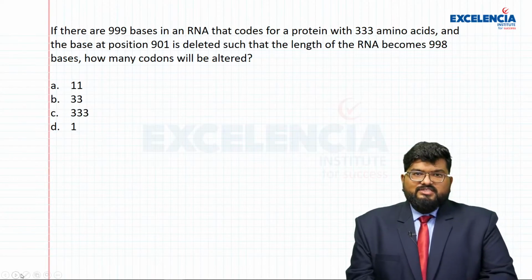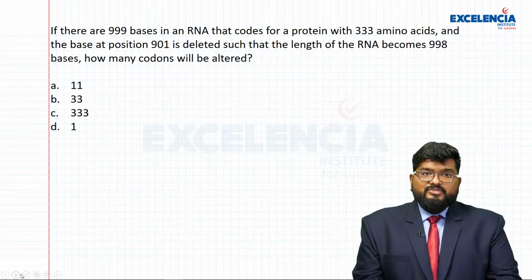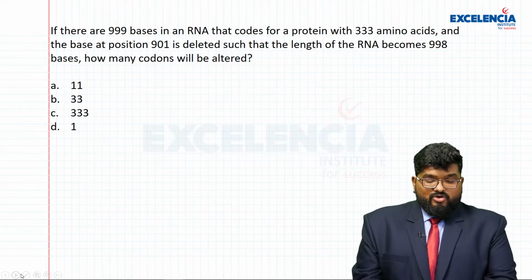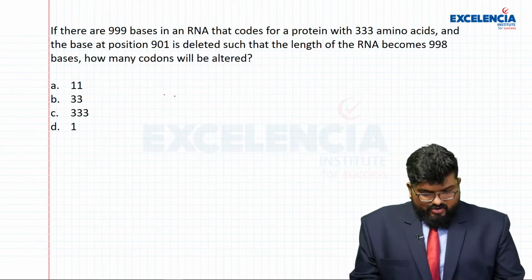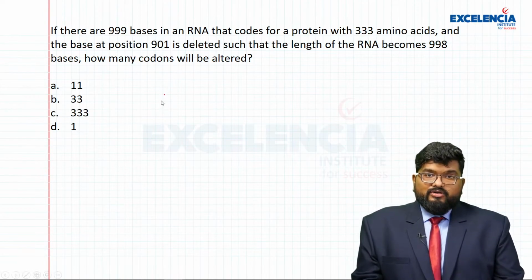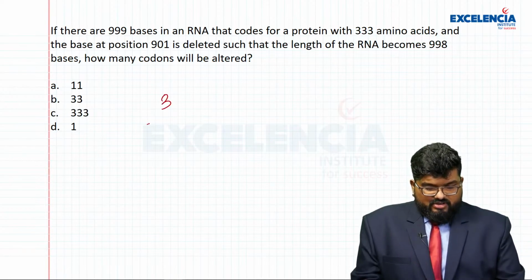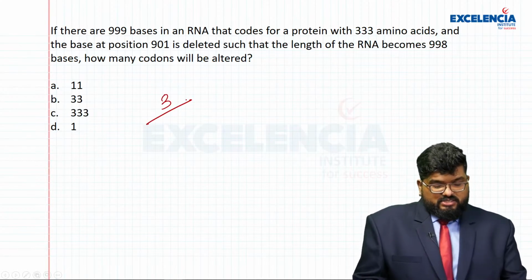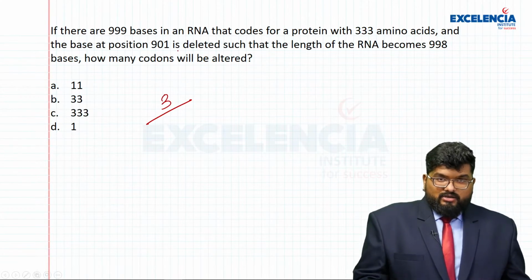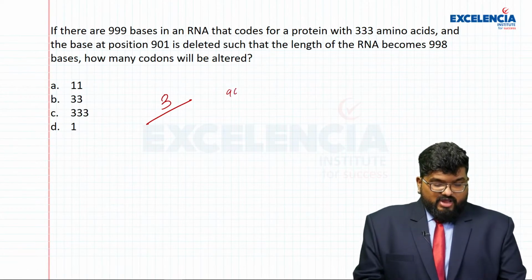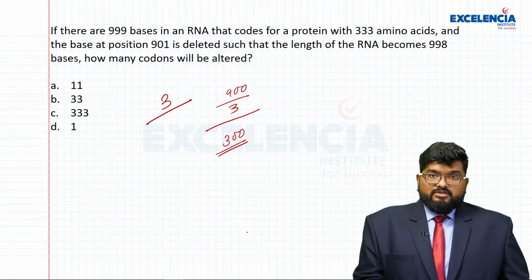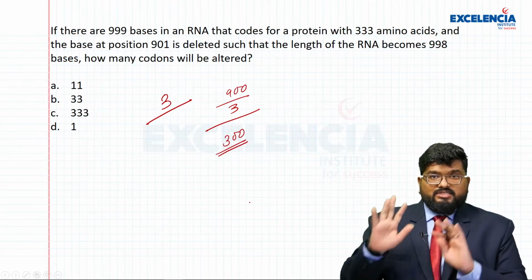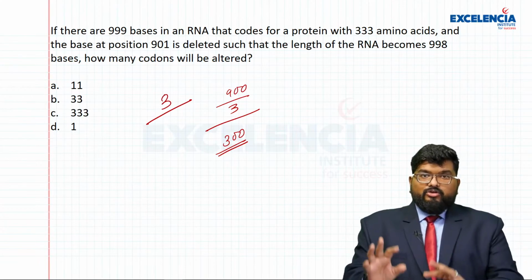The calculation is absolutely simple. How many nucleotide bases are present in a codon? 3, correct? The deletion is at 901, so if I divide 900 by 3, I get how many amino acids? 300, correct? So that means my 300 amino acids are sure to be formed correctly.